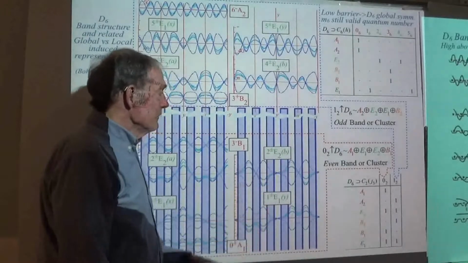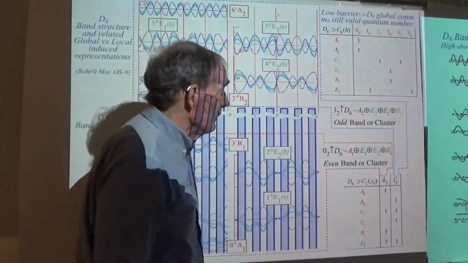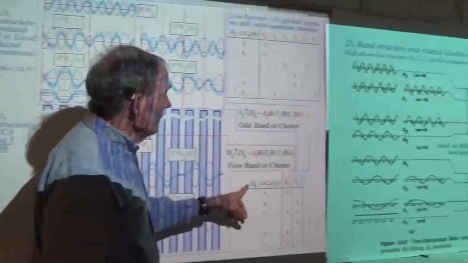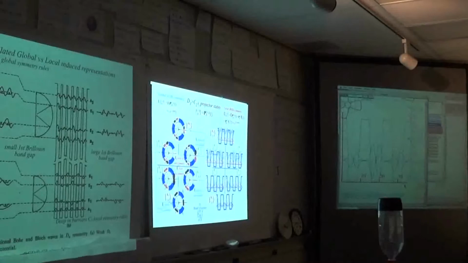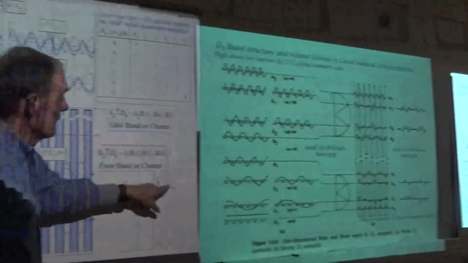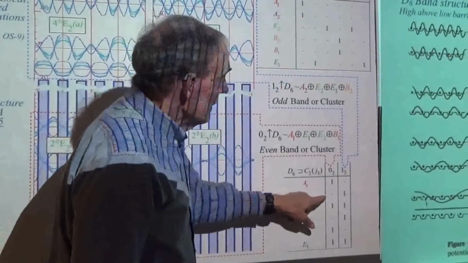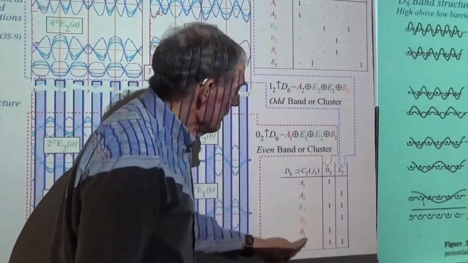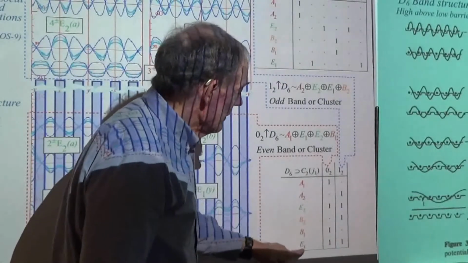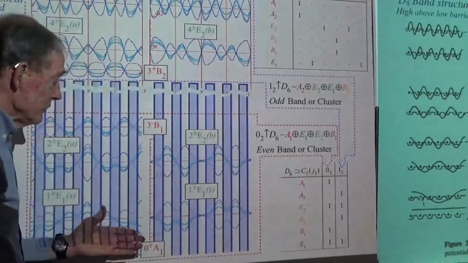And so these barriers aren't that high. They're kind of like what's on the screen down there. But anyway, this is the D6 greater than C2 correlation table. C2 even and odd. And there you see it, A1, then A2, then E2, B2, B1, and E1. Okay, so we're seeing those particular things.